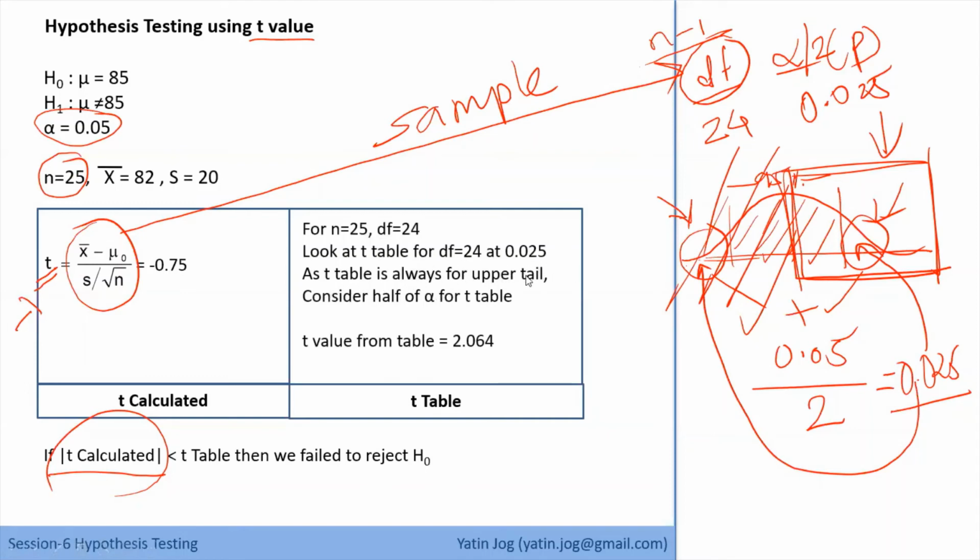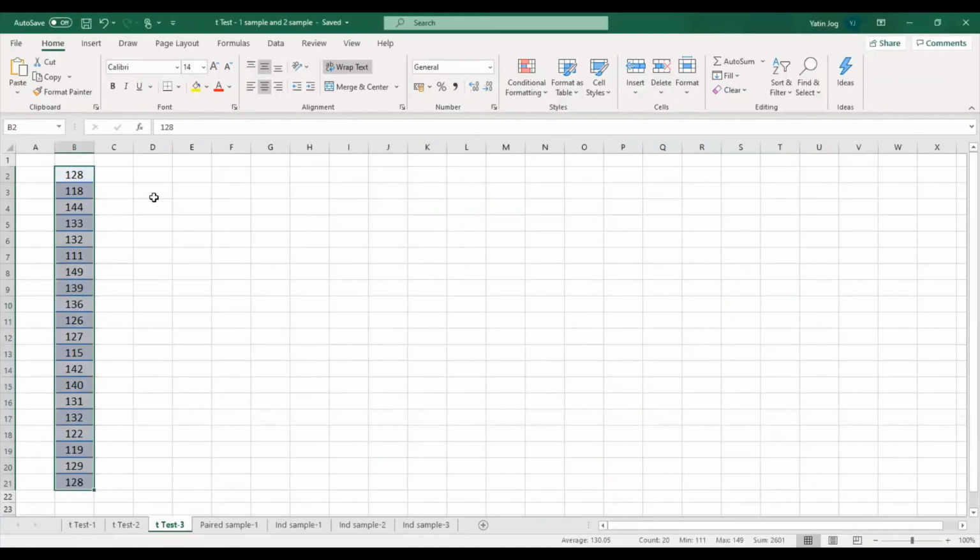As the T table is always for upper tail, consider half of alpha, and the T value from the table is 2.064. So what is my calculated value? Minus 0.75. If I take the mod, it will be 0.75, which I am comparing with 2.064. Is 0.75 less than 2.064? Yes. So we fail to reject H0.